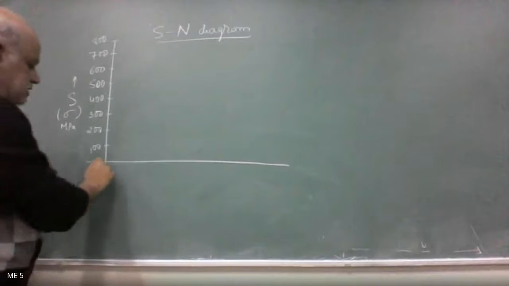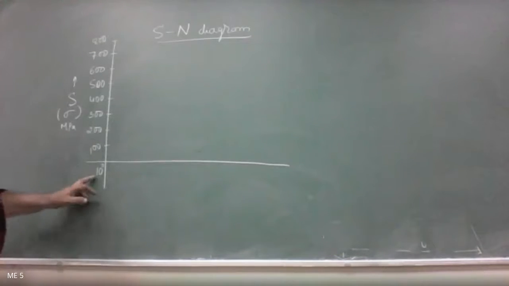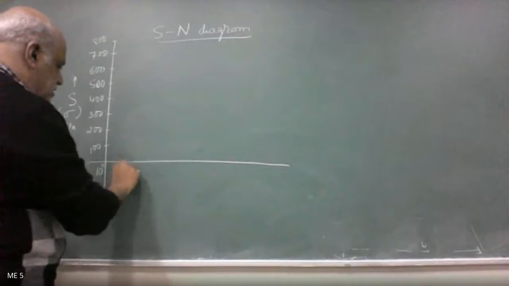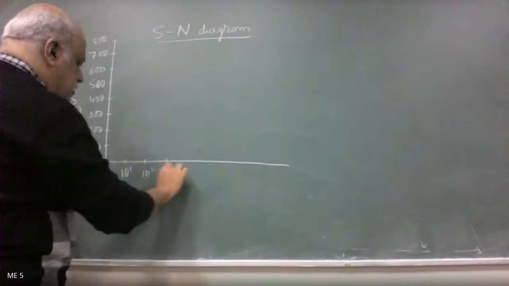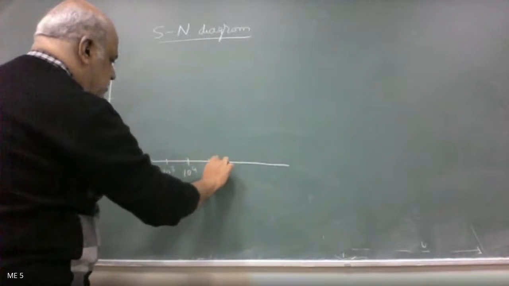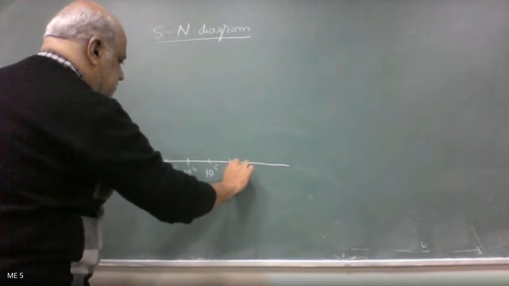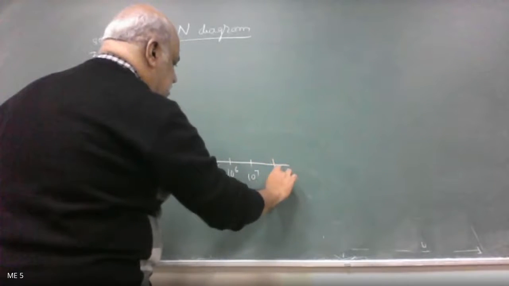On the x-axis, I take 10 power 0, that is nothing but one cycle, then 10 power 1, 10 power 2, 10 power 3, 10 power 4, 10 power 5, 10 power 6, 10 power 7, 10 power 8, and so on.